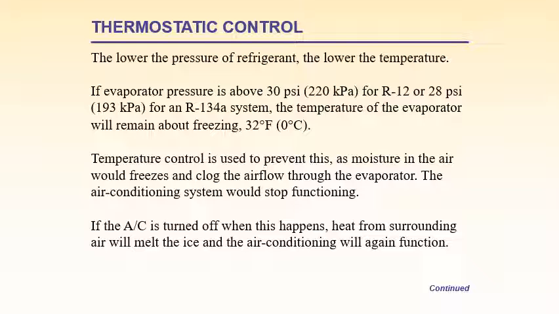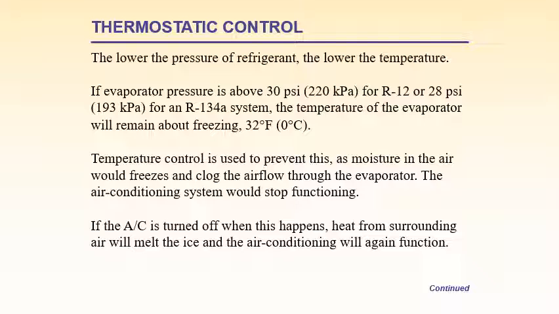Now this is for this system. You can see here, if the refrigerant is operated in such a range, then the temperature inside the evaporator will be below freezing, meaning below 32 degrees Fahrenheit. We call that the freezing point of water. Now what happens? Temperature control is used to prevent this.